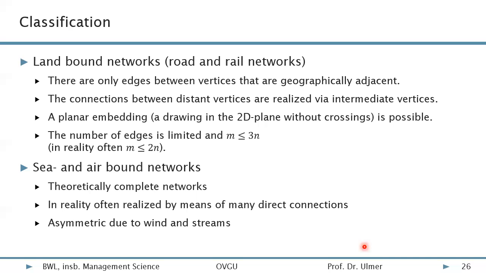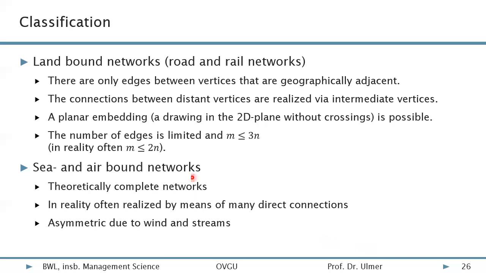But I assume the number of streets is not n square minus n divided by 2, but way fewer, because in such a network, usually we only have local connections between vertices. We don't have a direct street from here to the train station, for example.